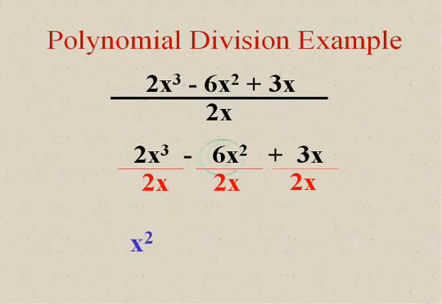In the next one, 6 divided by 2 is 3, and x to the second divided by x is x, so we get a minus 3x. Now in this one, the x's cancel, and I can't do anything with the 3 and the 2, so I don't. It's not that hard, I just don't do anything that I'm not allowed to do. And I just write 3 over 2. Okay? That's about as tough as it gets.